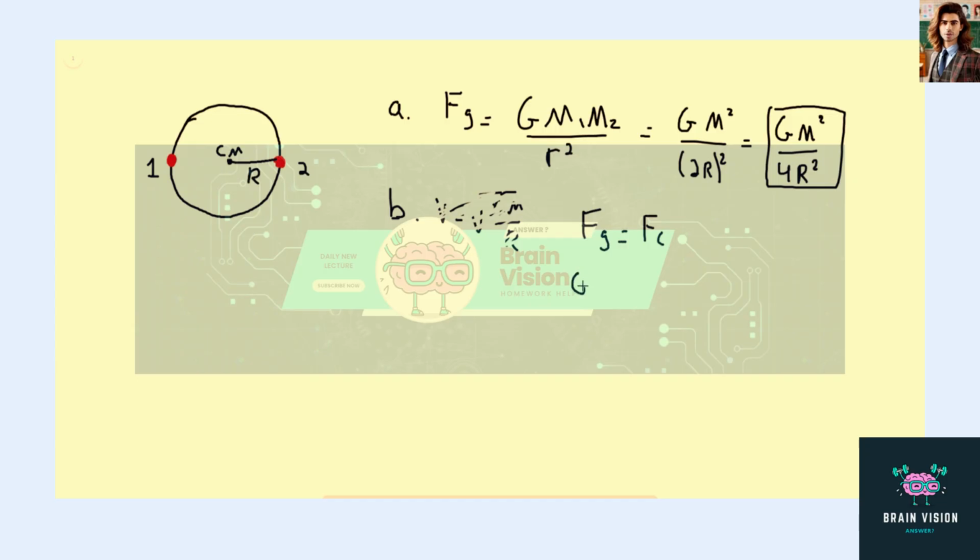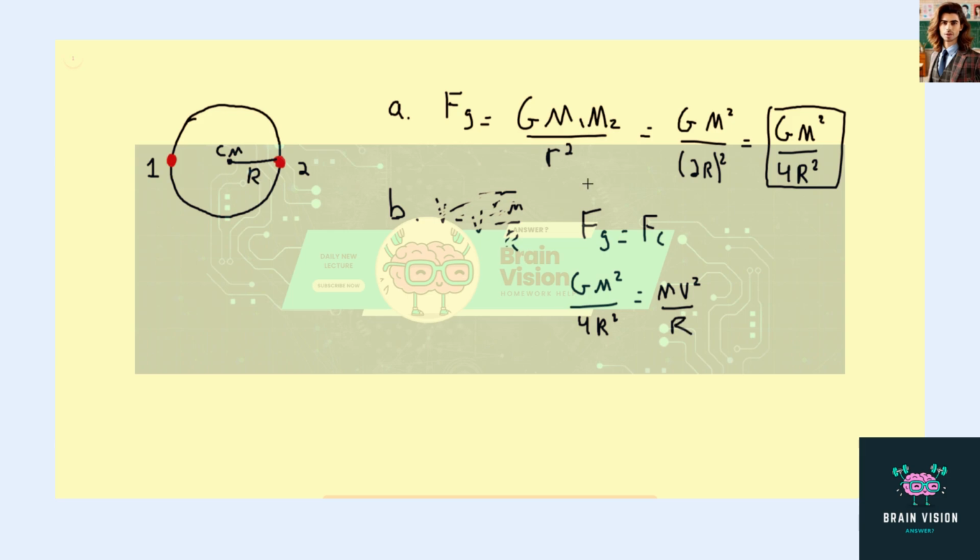And so we have our gravitational force of Gm squared over 4r squared. And the centripetal force is mv squared over r, most generally. And in this case, the radius of the circle is just going to be this capital R.